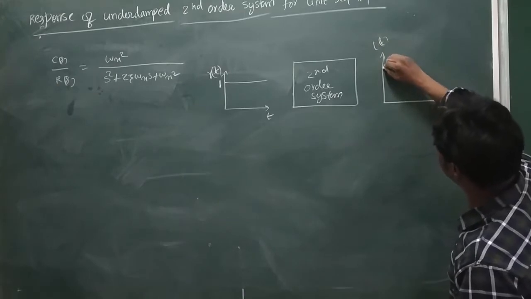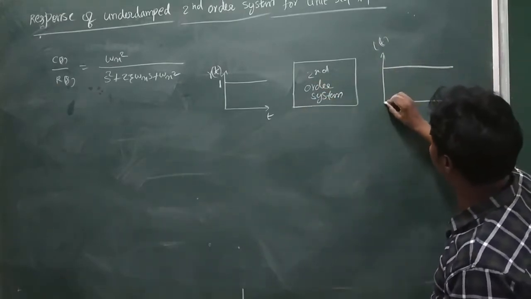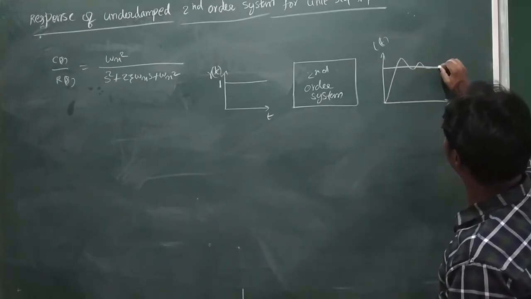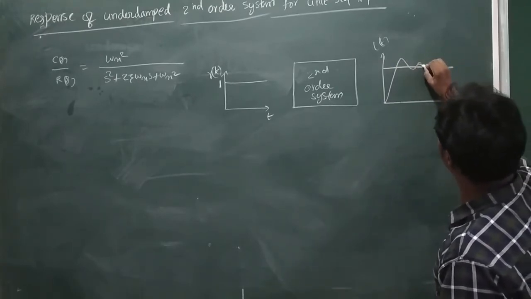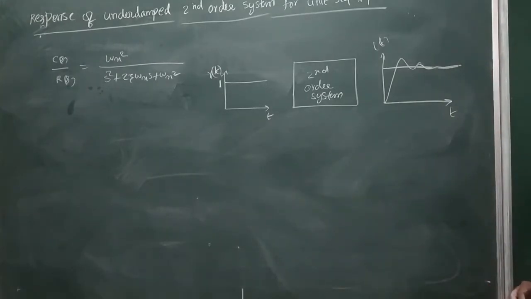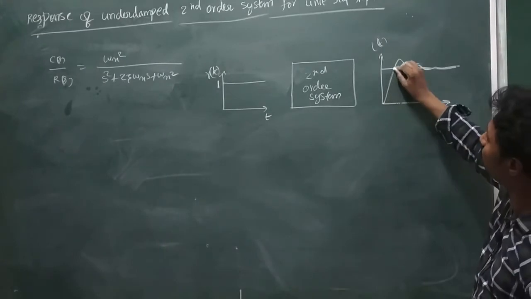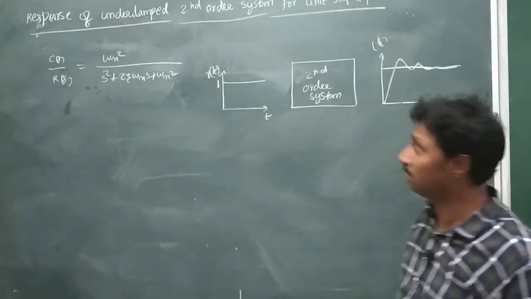So this is the input signal, right? For the underdamped case your response would be like this, right? So we are going to derive the equation for the underdamped response.